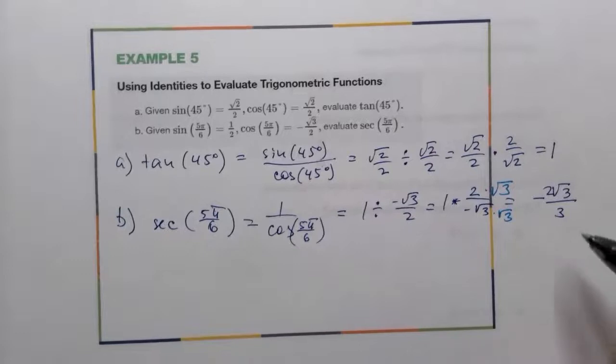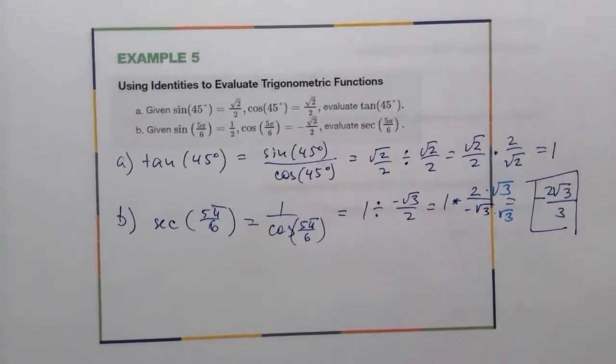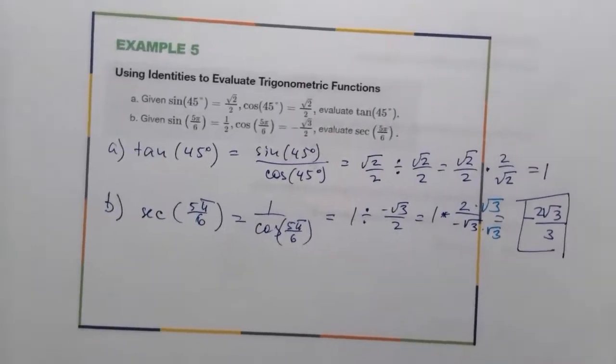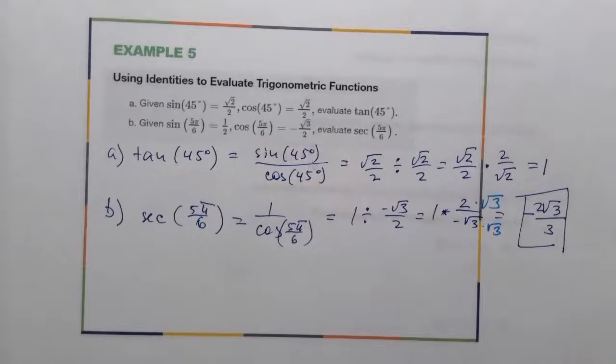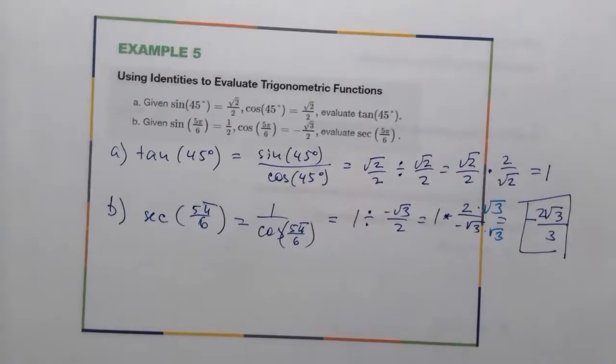And that's the answer for question B. So it becomes easy. You don't even have to look at the circle and think about what is the sign of your function. When you use those identities, everything becomes a matter of manipulation, some fraction divisions, basically.